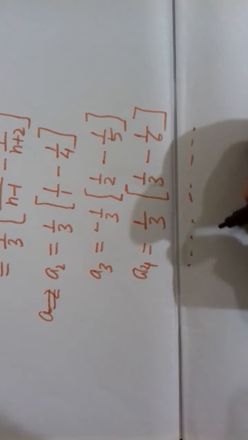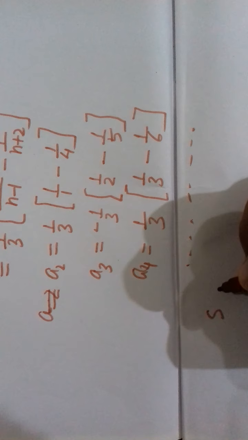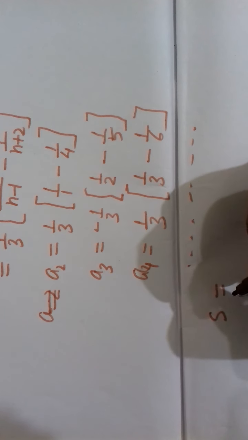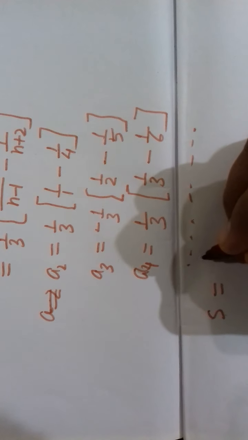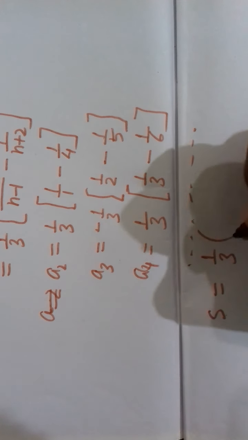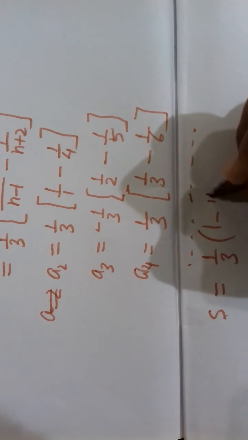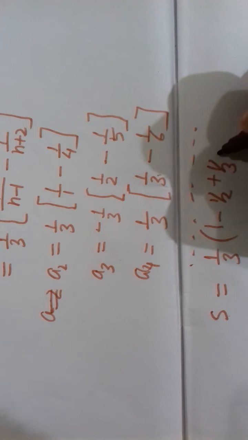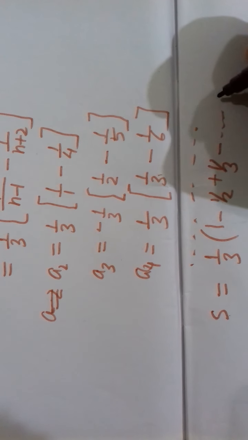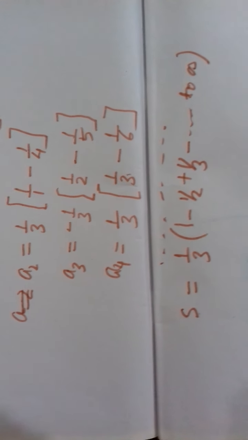So if you see the summation, let the summation of the terms be s. So 1 by 3 we take common: first 1, thereafter minus 1 by 2, thereafter plus 1 by 3 minus dot dot dot to infinity, because n tends to infinity.